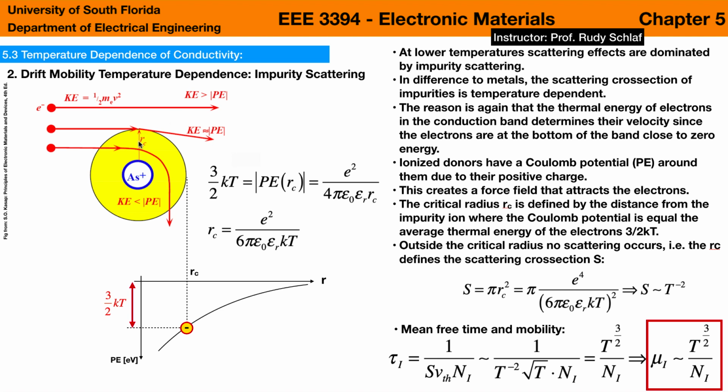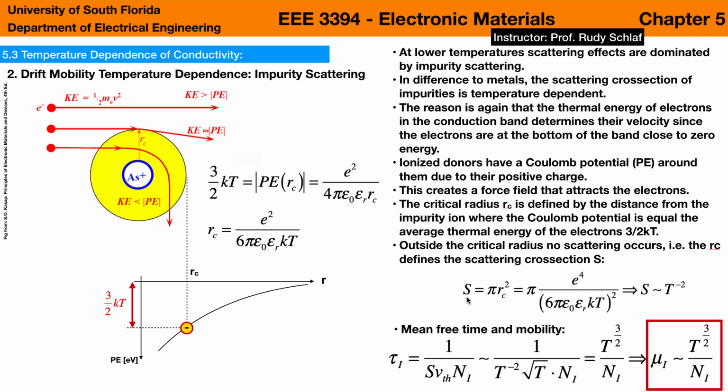We can define a critical radius here that depends on the thermal velocity of the electrons. The faster these electrons are, the closer they can get to the positively charged impurity and still get away. And so by equating the thermal energy of the electrons and the potential energy depending on the radius, we can calculate that critical radius for a given temperature.